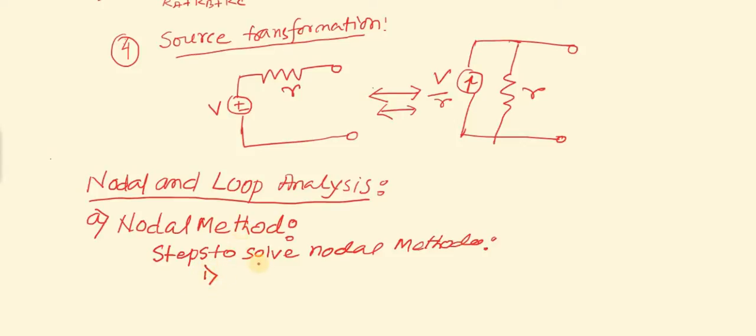First, we are given a particular network or circuit. Now the first step is to pick one reference node.